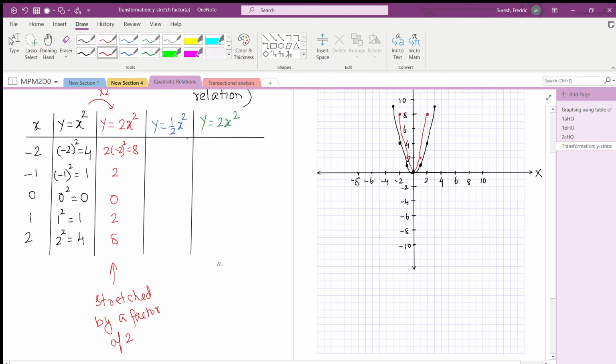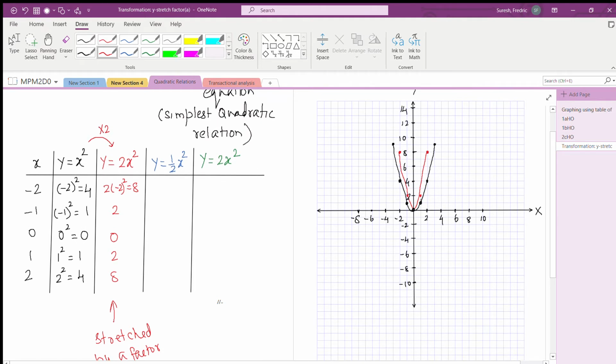Basically, take the base graph, take all the y values, and you're doubling them. You're keeping the x values the same. So the 1 is the same here. See the original y value 1 here, now it's become 2. The original y value of 4 has become 8. If we had space, we would double this as well. The third one, 9, will become 18. You're repeating it on the other side as well.